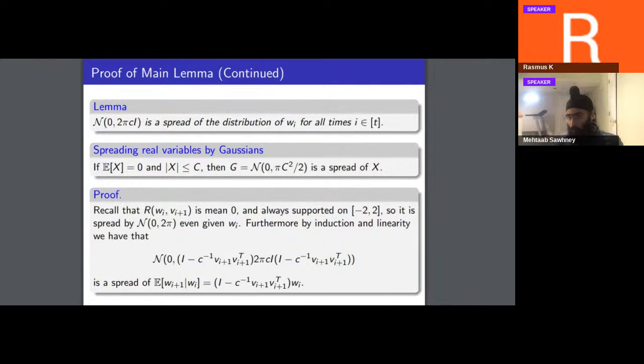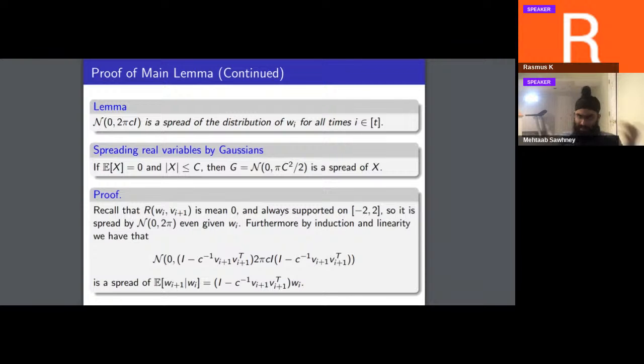So recall from earlier that this additional drift term r is mean zero and supported in minus 2 to 2. So applying the spreading by Gaussians, you know that it's spread by N(0, 2 pi), always. And notice that this is independent of wi. So this distribution you're going to spread this shifting term by is independent of where you are in space.